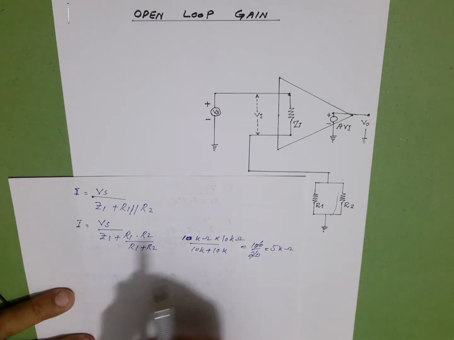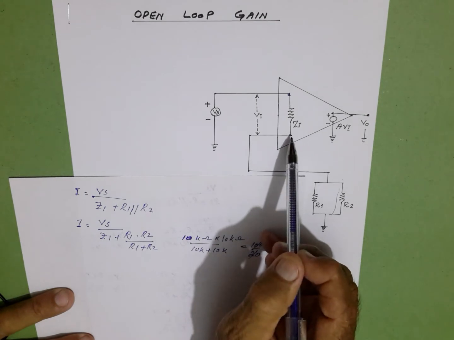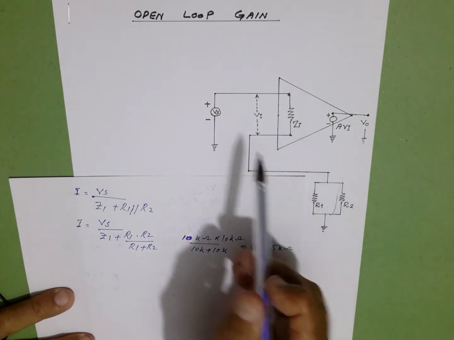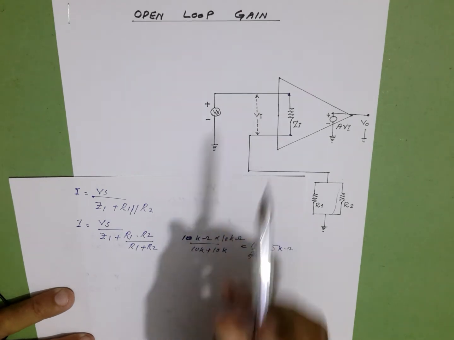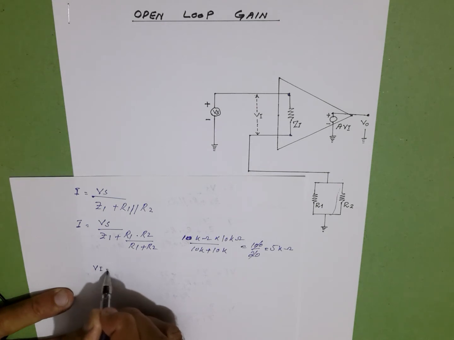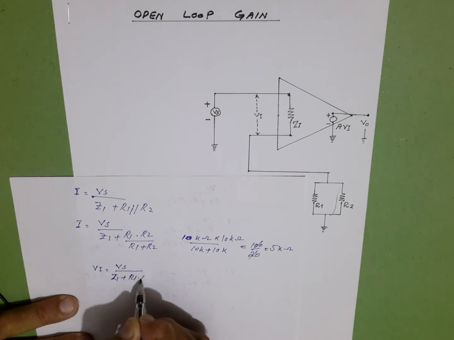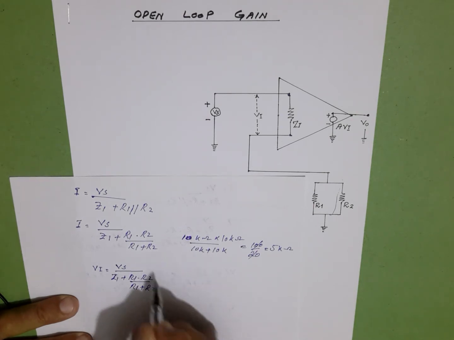Now we want to find the voltage across Zi. We multiply this current by Zi and get the input voltage, V input. V input is equal to Vs divided by Zi plus R1 into R2 over R1 plus R2, multiplied by Zi.